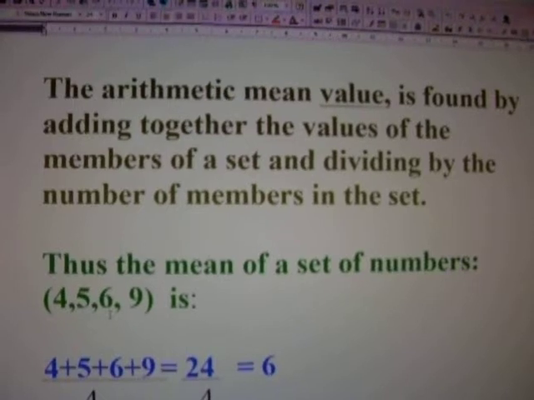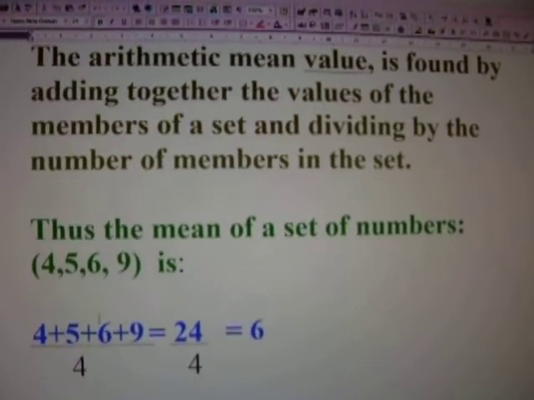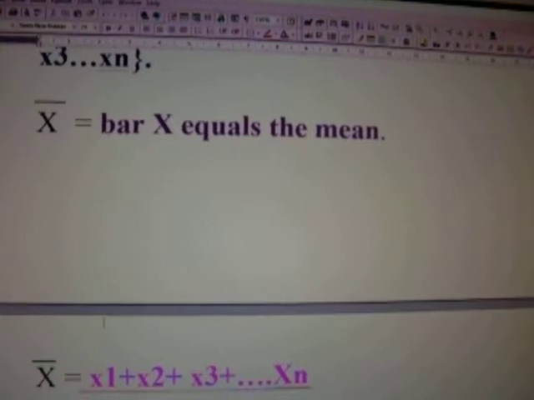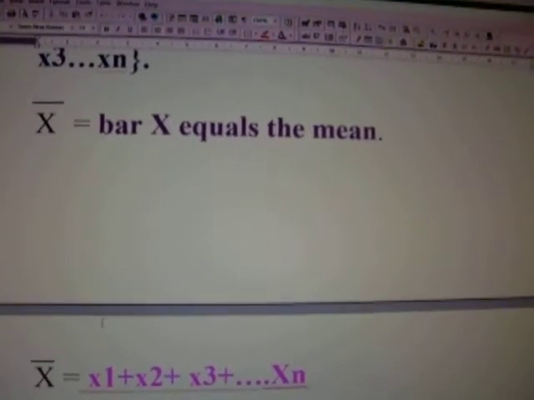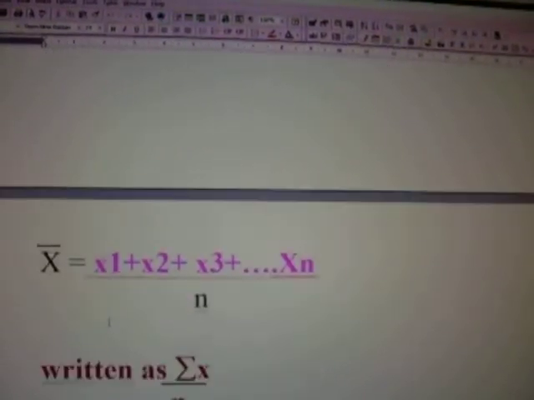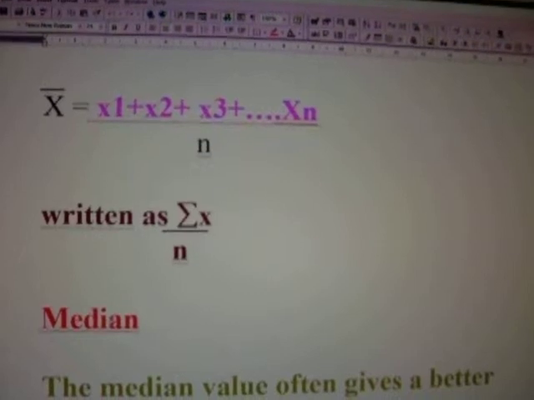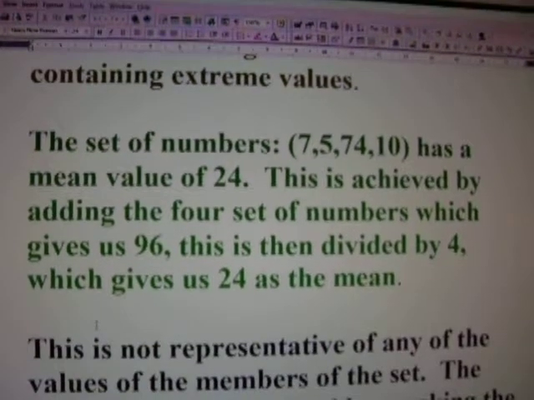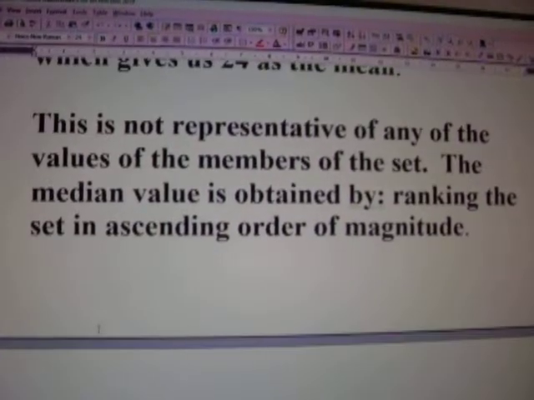Again, read this for yourselves. Don't need me to interfere in that in any way. Now remember, the X with the bar across it is just normally known as bar X, okay? And that often represents the mean of any value, okay?